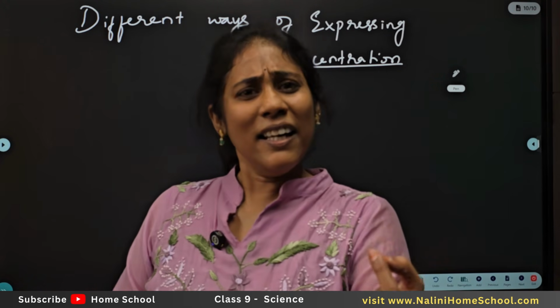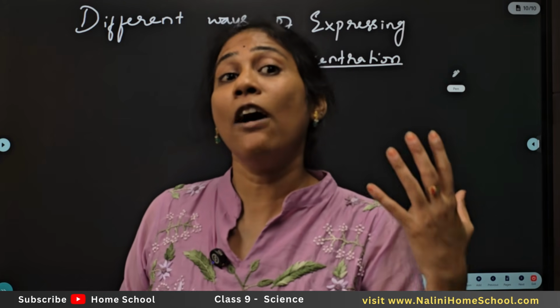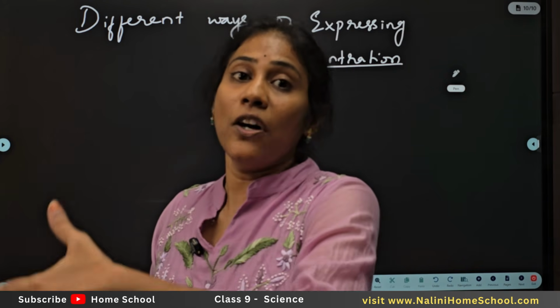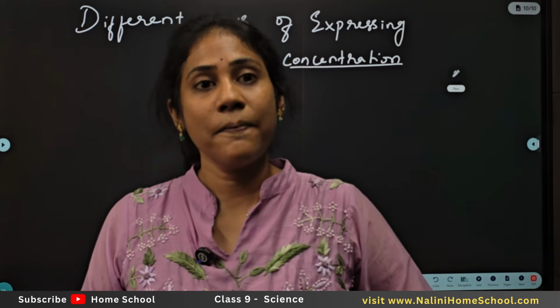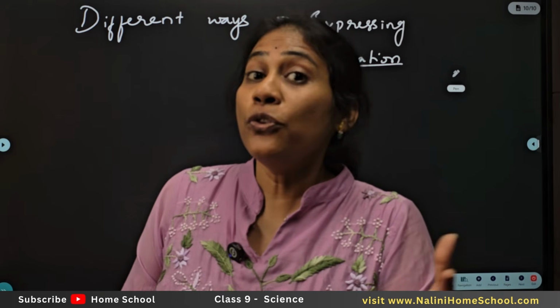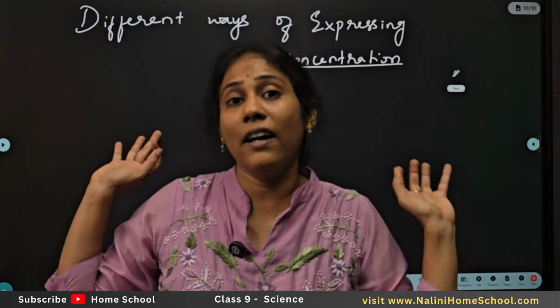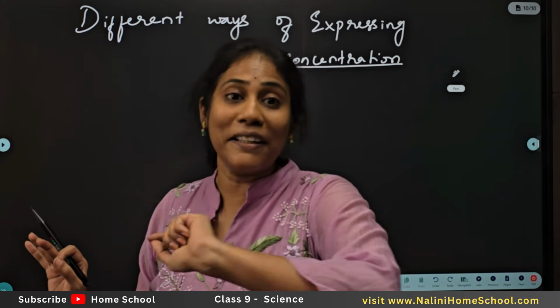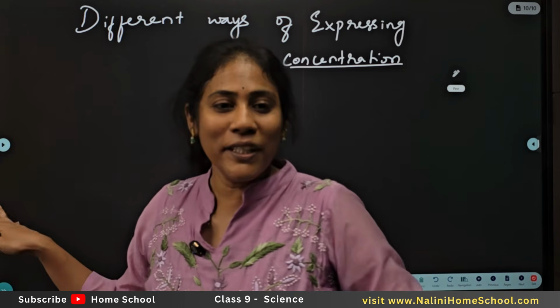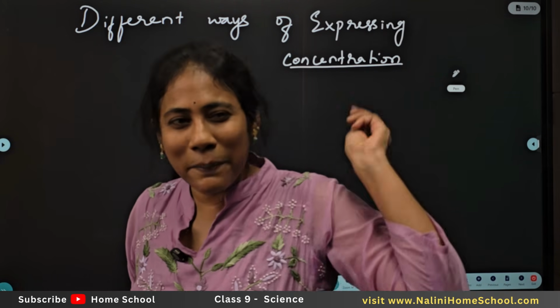So here the emotion is single. What is that emotion? Anger. But how are you expressing it? You are expressing it in different ways. You can express anger by throwing only when you have certain things around you. Suppose you don't have anything to throw, will you be able to express your anger by throwing stuff?